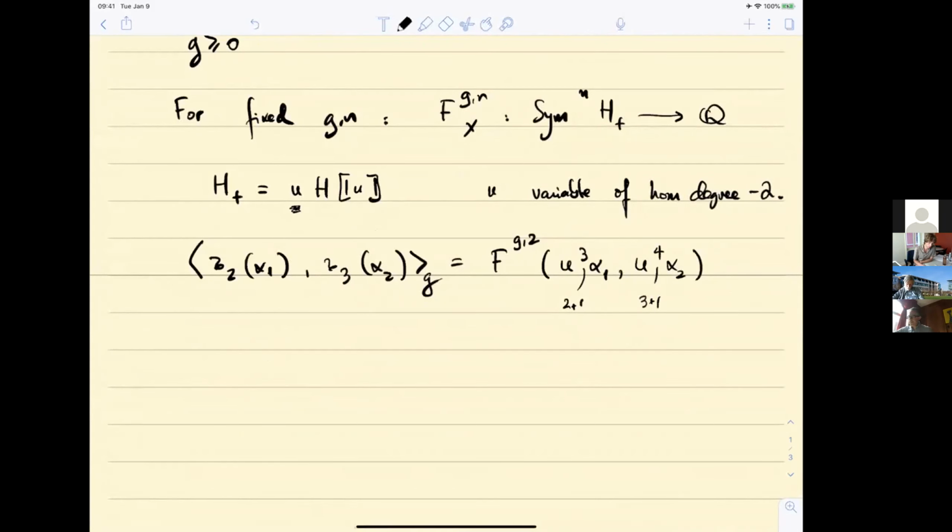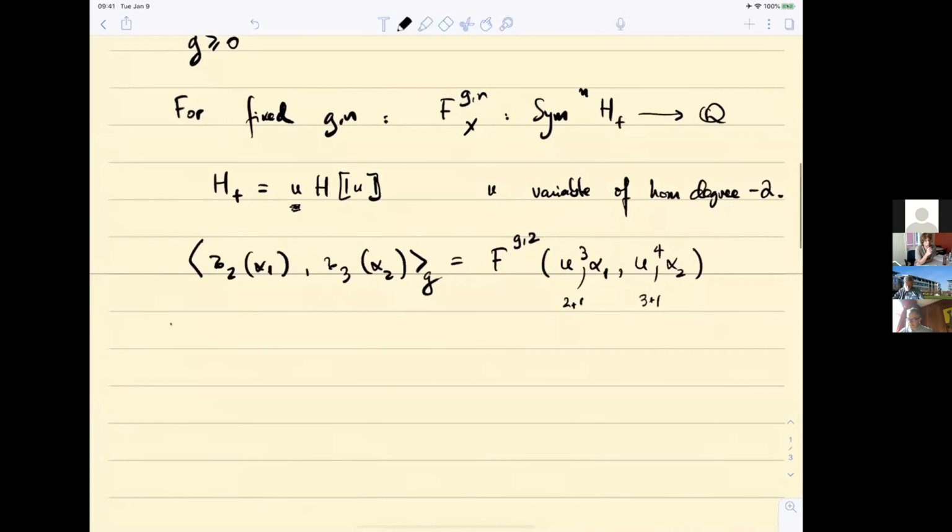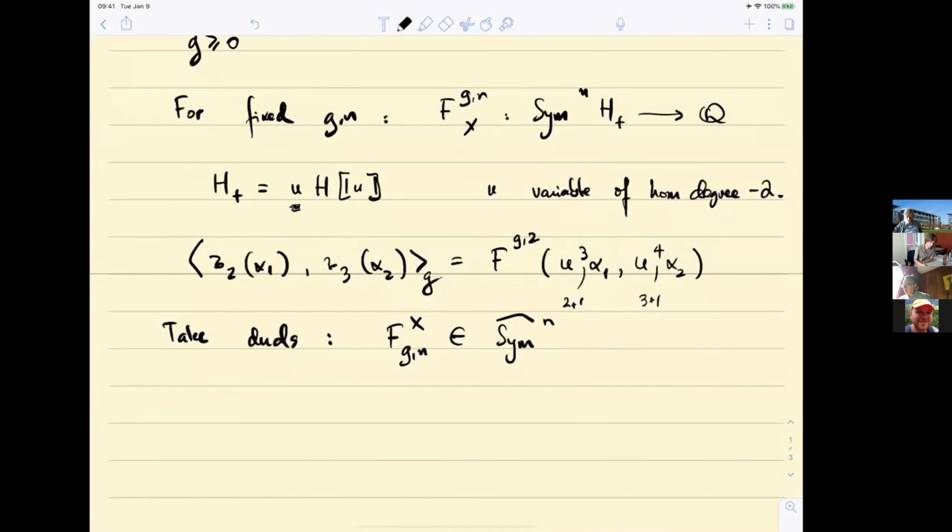All right. Now, for our purposes, it will be useful to take duals. I will look at some element F_{g,n} of X, which will be an element in some kind of completion, which I'm not going to tell you what exact completion this is, of Sym^n of some space called H minus, where H minus is now H adjoined U inverse.